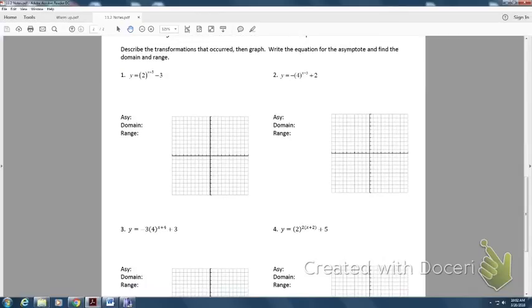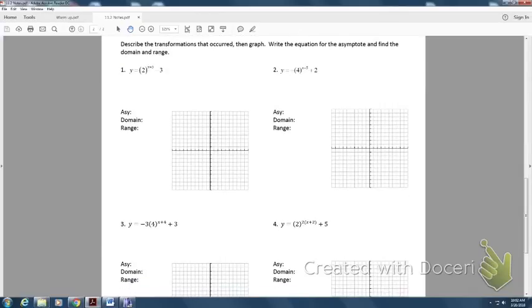Okay, so let's look at this. Looking at the first one, Zach, what is my horizontal asymptote? -3. So the first thing I'm going to do is go to the graph and graph that right there. Eric, what is my domain?